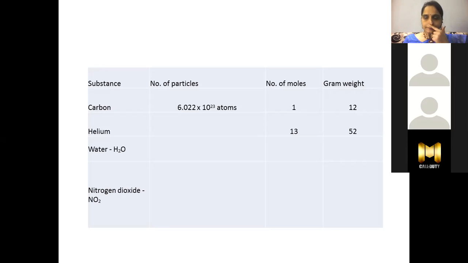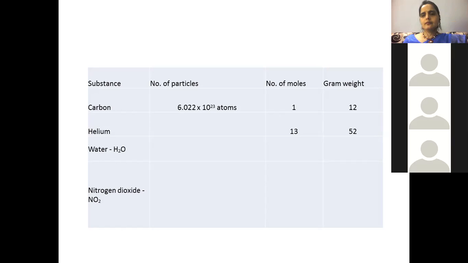Now, at least this you could understand, right? So number of moles multiplied by the gram weight per mole, so we got its gram weight. Now, how many particles will be there? 6.022 into 10 raised to 23 into 13.